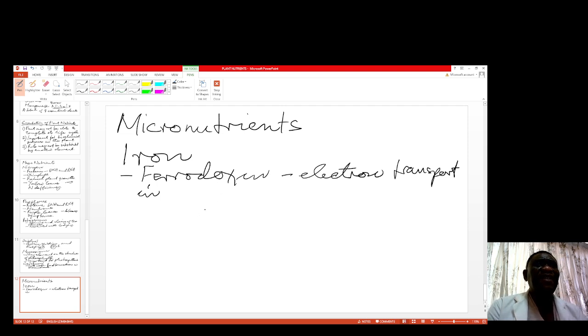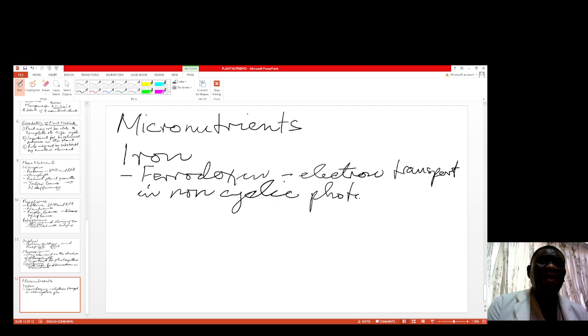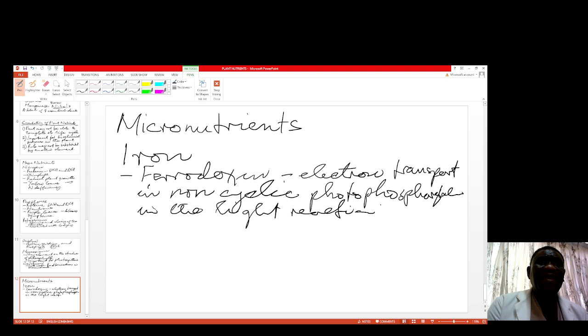In the light reaction, in a non-cyclic photophosphorylation in the light reaction of photosynthesis.